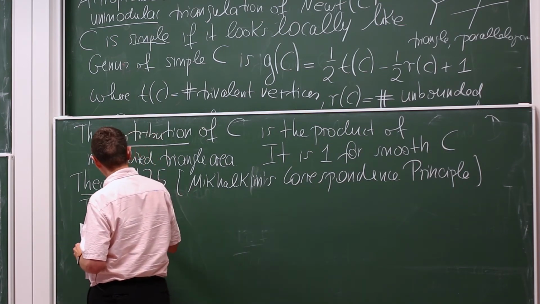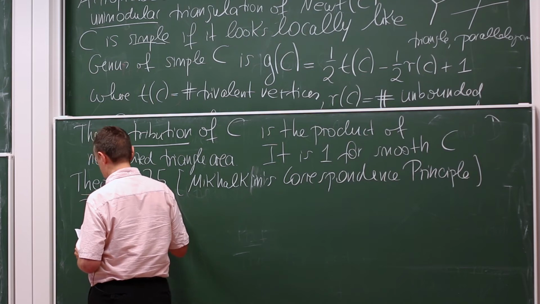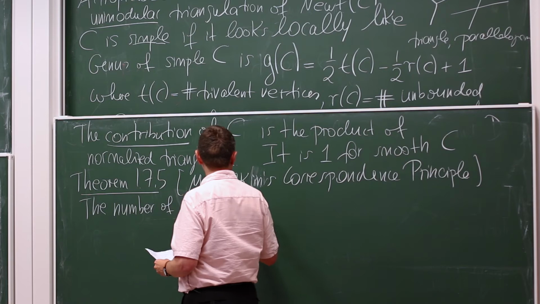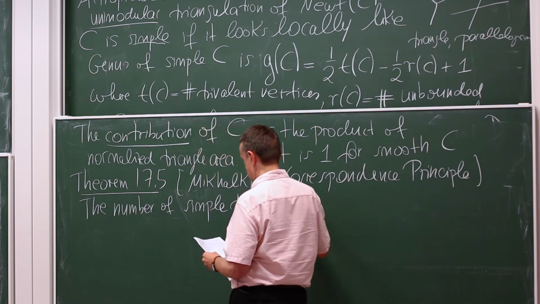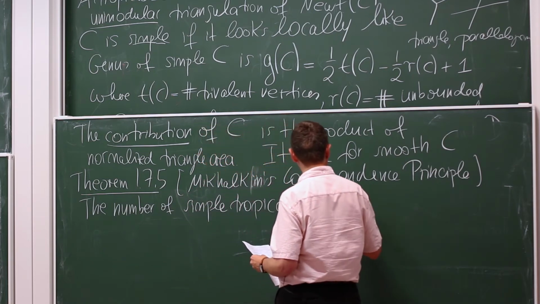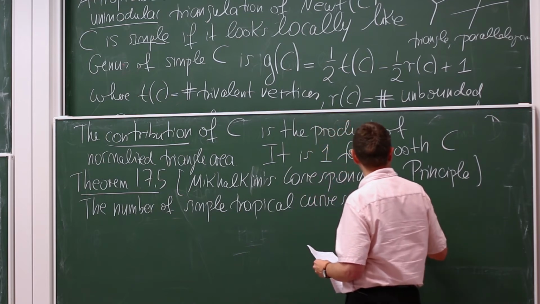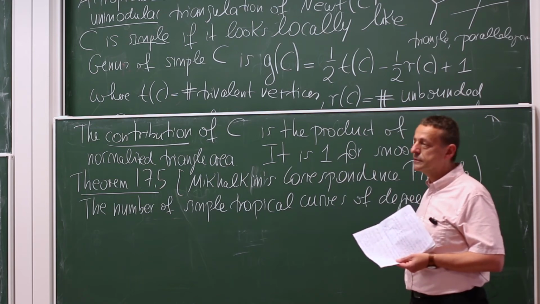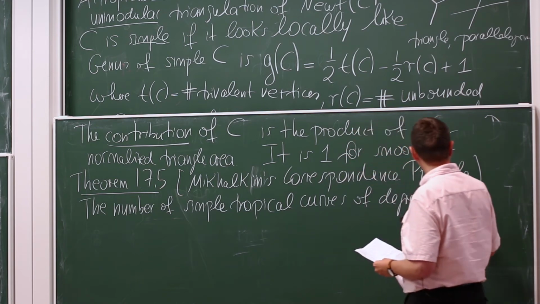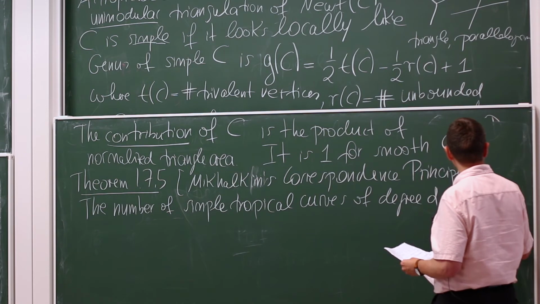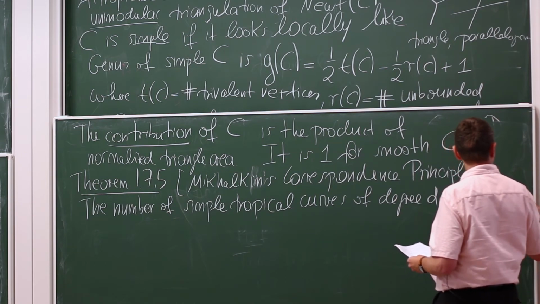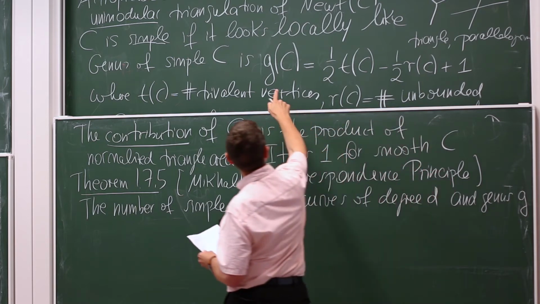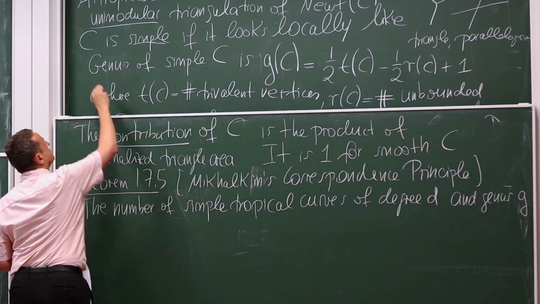So the combinatorial number is the number of simple tropical curves of degree d, so having the right number of northern, eastern, and southwestern rays, and given genus g, with the definition of genus over here.